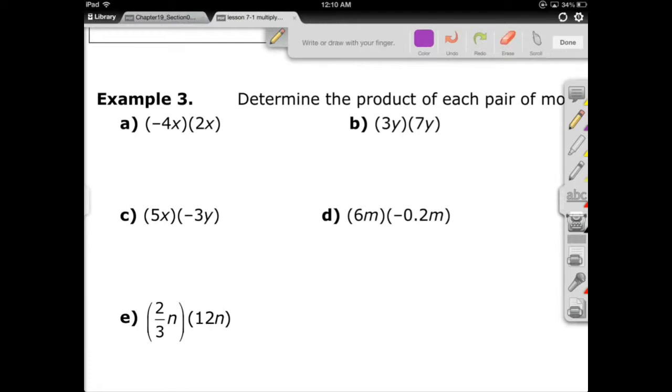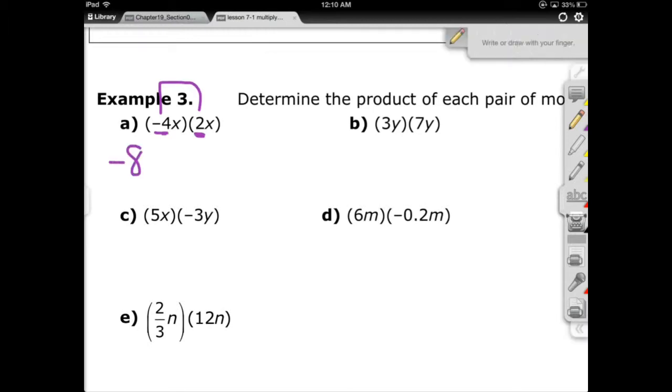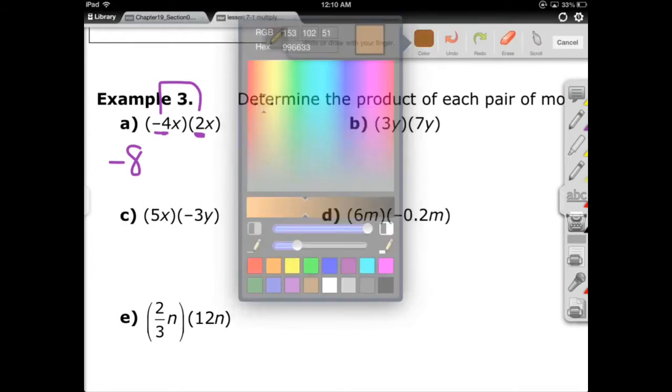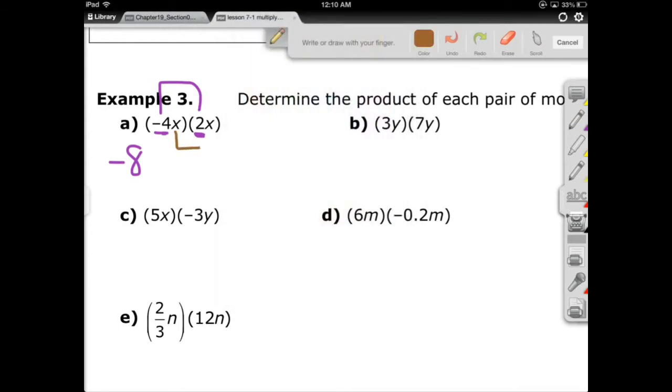So, what have you got here? If you do this with what we call the straight math model, you could say that you multiply the coefficients. So -4 times 2 is -8. Let's switch the color to brown. And you've got the x times the x, which is good for x squared.